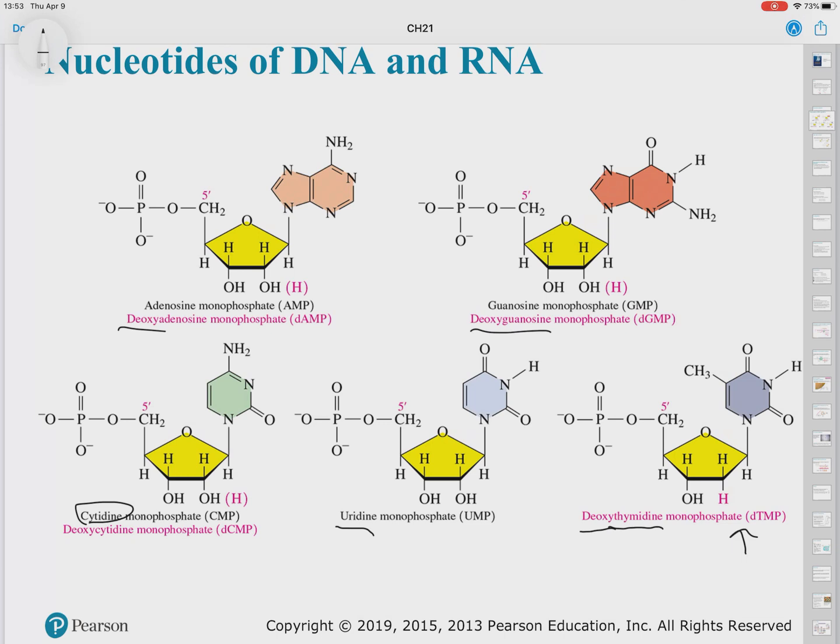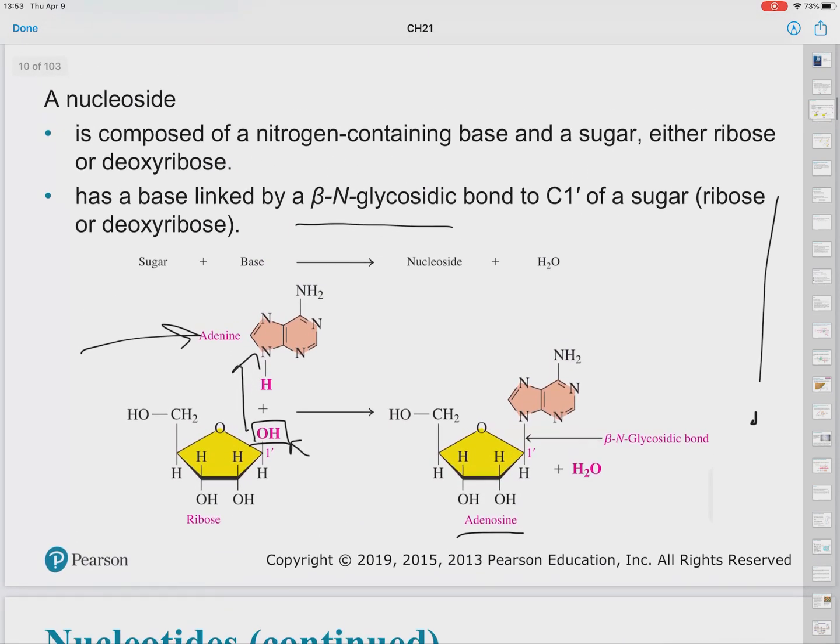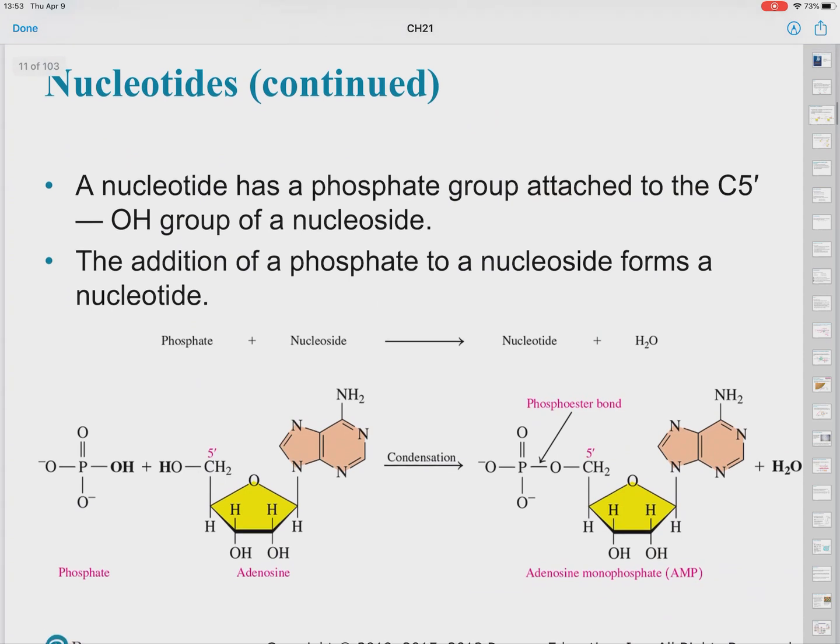So the deoxyadenosine and deoxyguanosine match the normal other name. Deoxycytidine. Uridine is only in RNA, so it doesn't have a DNA name.